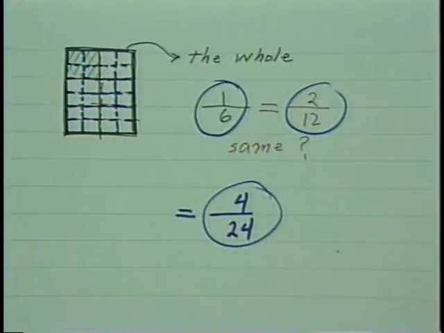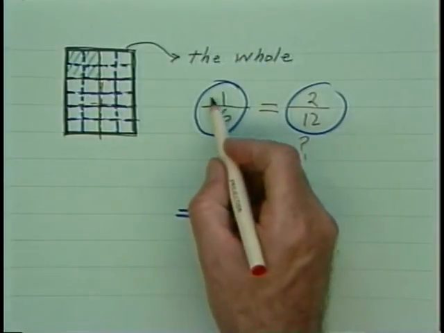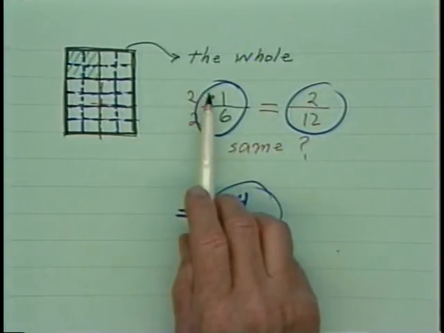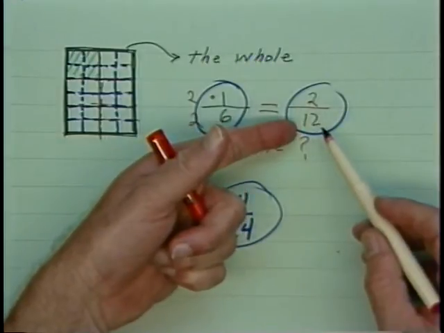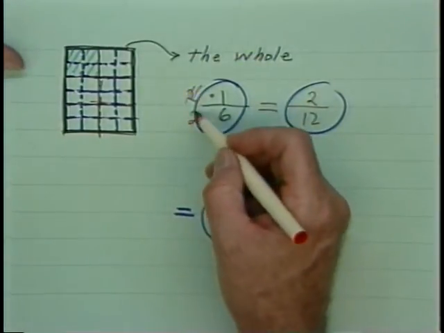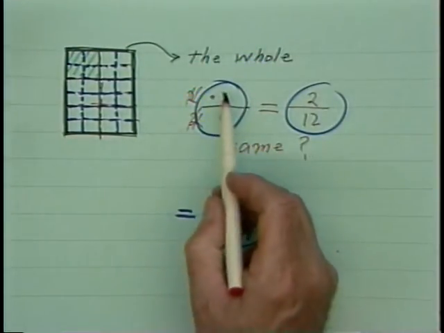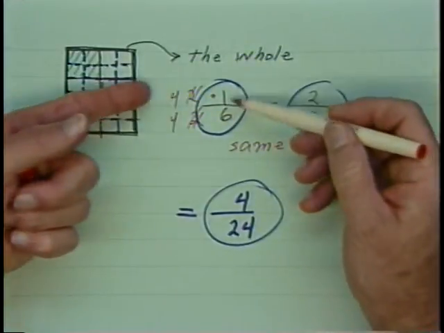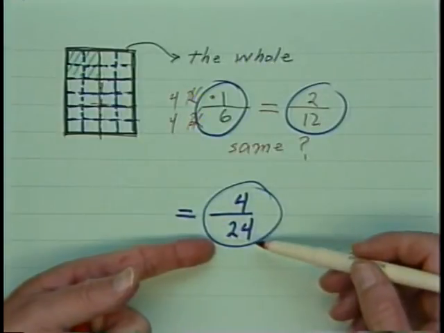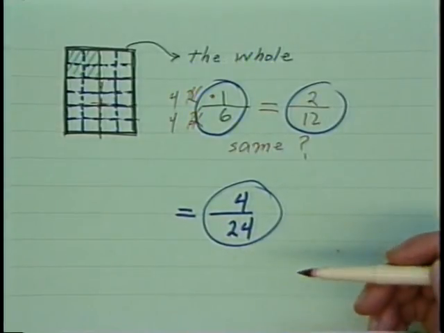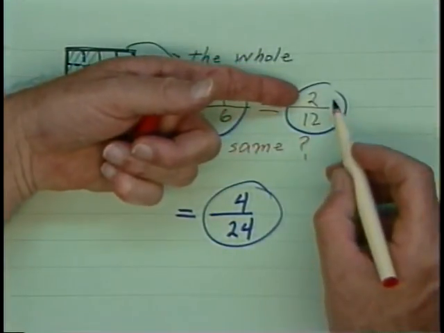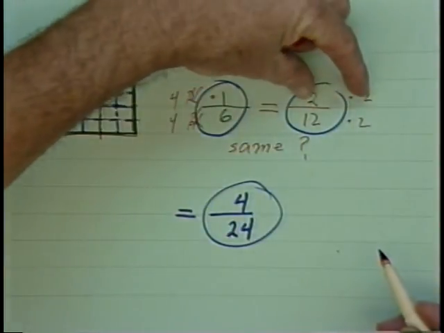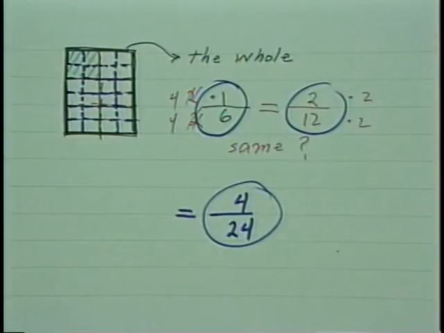But you also begin to notice that had I multiplied top and bottom by 2, I would have gotten this. Or had I multiplied top and bottom, numerator and denominator, by 4, in this case, I would have ended up with this form of the fraction. Or over here, had I multiplied this one, top and bottom, by 2, I would have had 4/24 too.